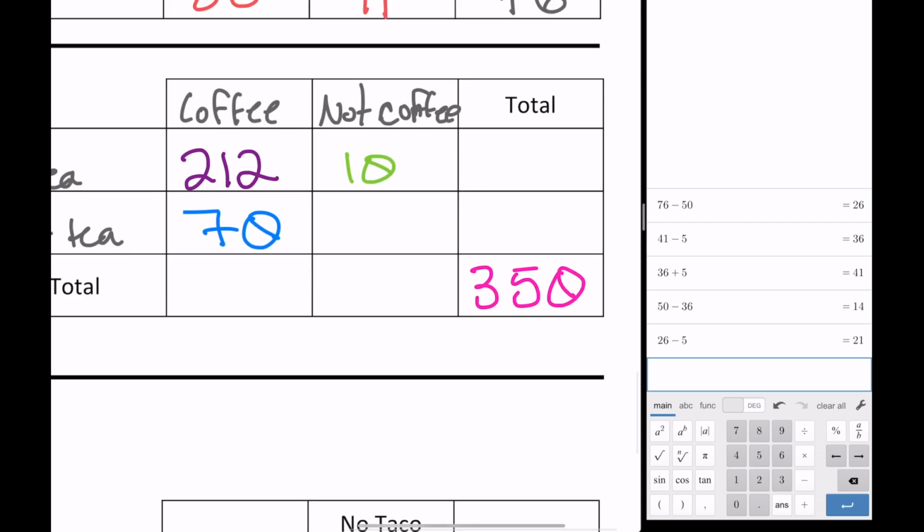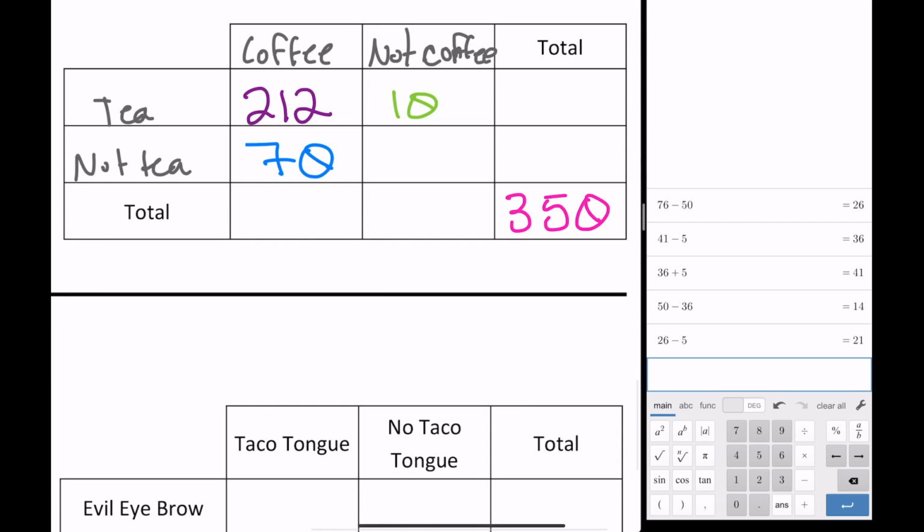From here, math. Okay, so I'm going to start with my columns. I have both of my joint frequencies here, but not the total for the marginal. So I'm going to figure out what's 212 plus 70, and I can type that into my calculator or do that in my brain, whichever floats your boat, and that gives us 282.